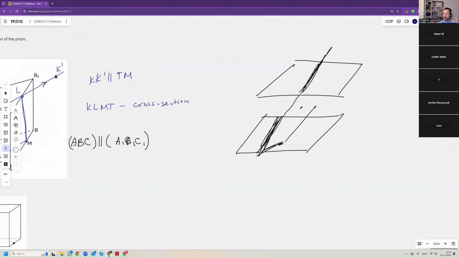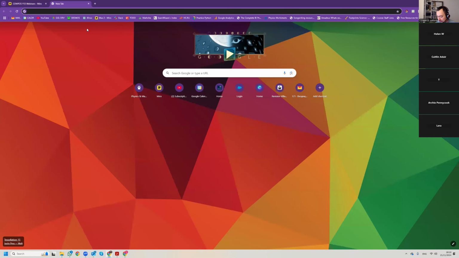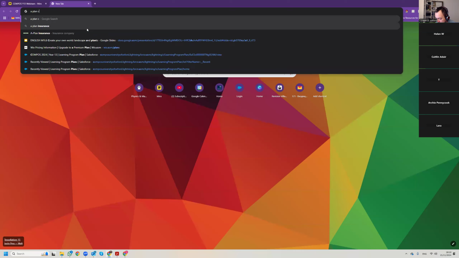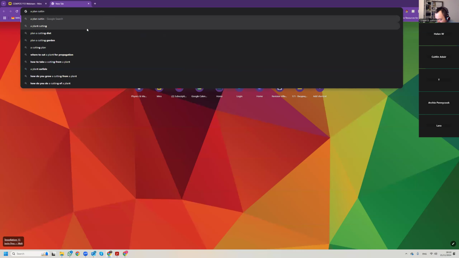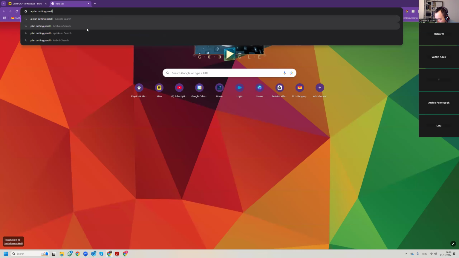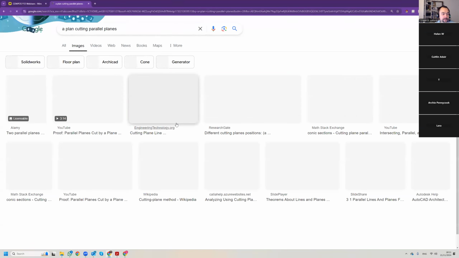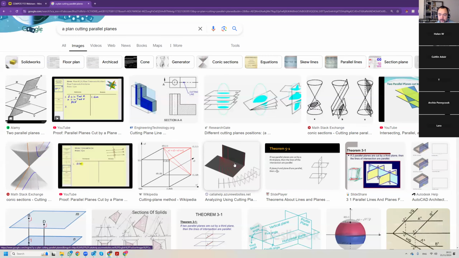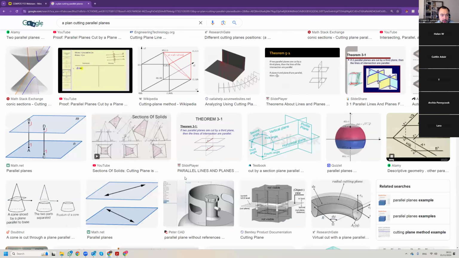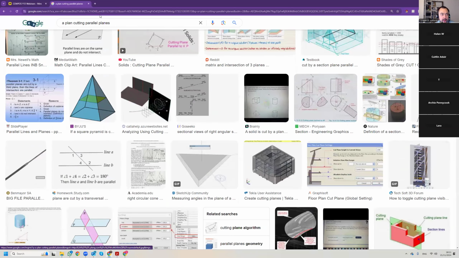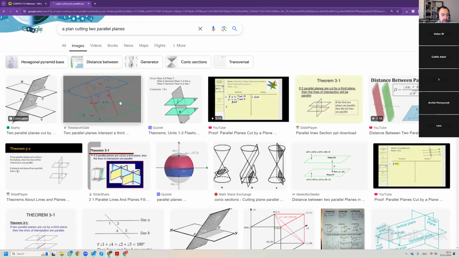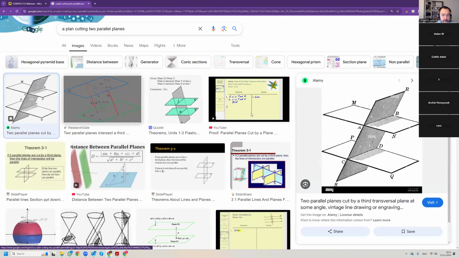So if a third plane cuts two parallel planes, a plane cutting two parallel planes. Yeah, I'm using this rule.